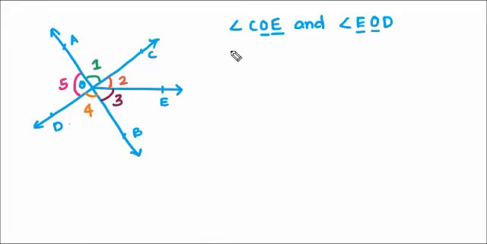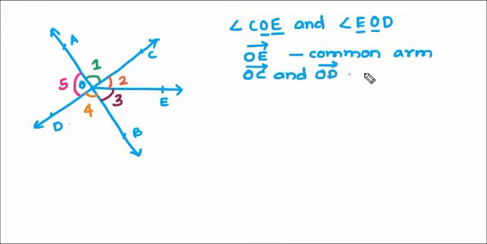For example, here in COE and EOD we have OE as a common arm. OC and OD are non-common arms and they are on different sides of the common arm OE.